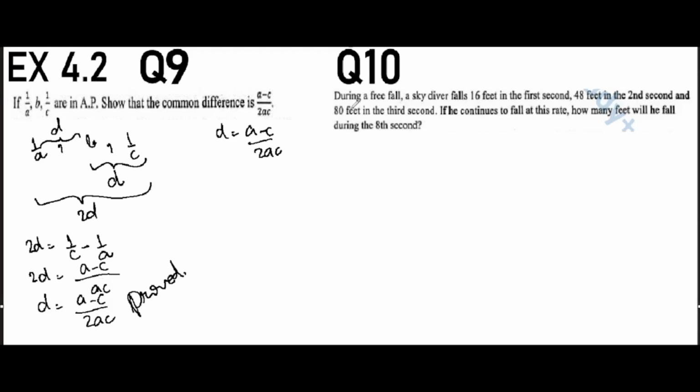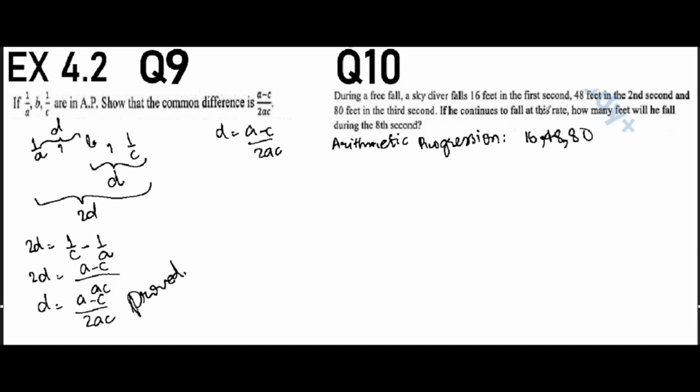Question number 10 says, during a free fall, a skydiver falls 16 feet in the first second, 48 feet in the second, and 80 feet in the third second.